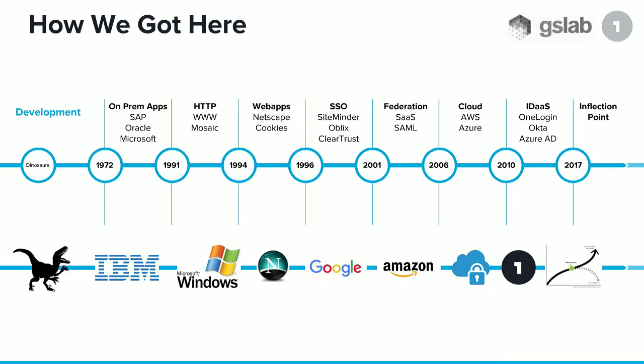internet, HTTP, the World Wide Web, the Mosaic browser in the early 90s, and then Netscape coming along, inventing cookies with their browser, which enabled session state in a way that applications could be created. And then once applications were created, the content went from kind of this static page-oriented internet to an applications-oriented internet where identity suddenly became important.